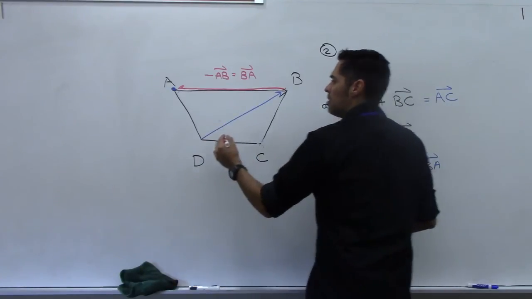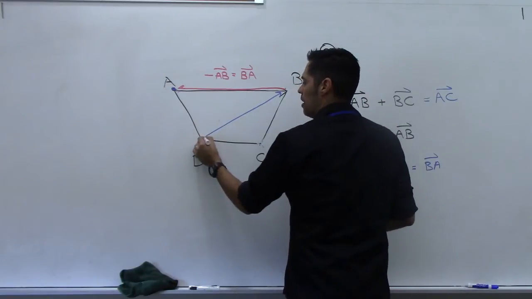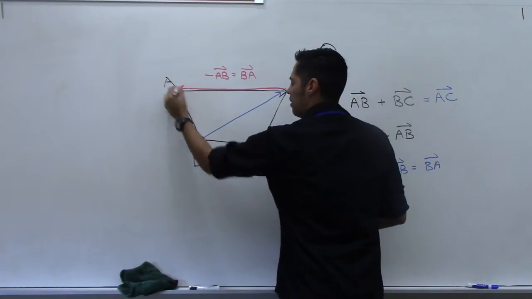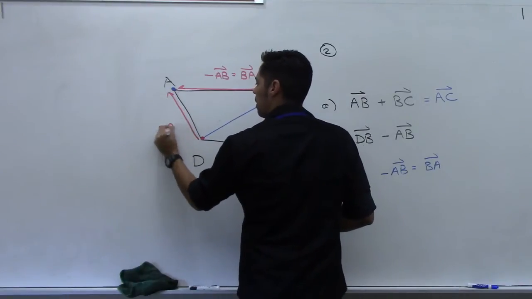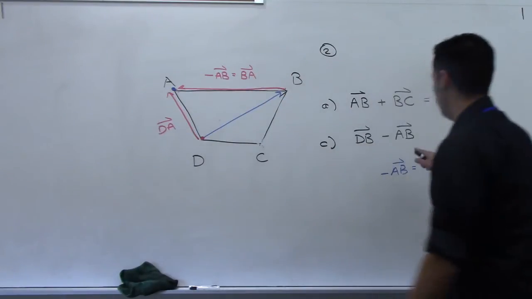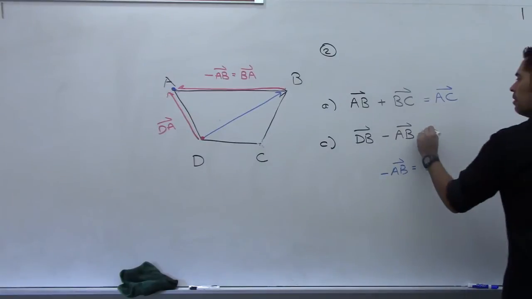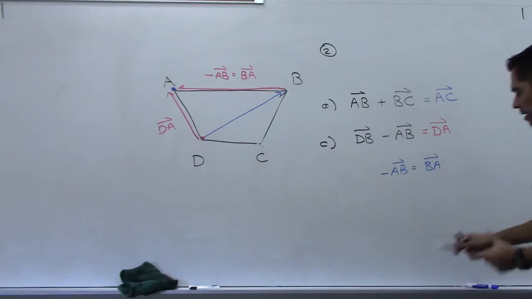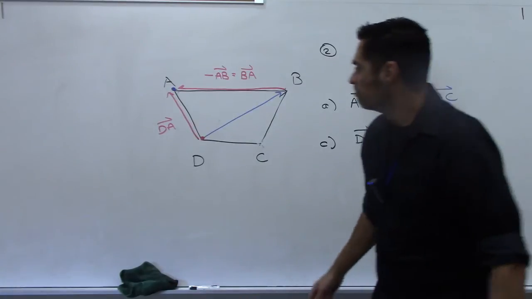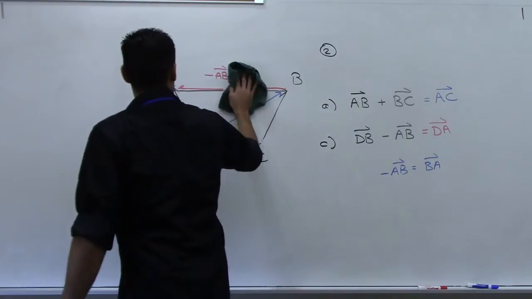And what winds up happening is you result here. So you start here, go up, go over, and you're there. So the vector that goes from D to A is actually equivalent to this. So D to A. All right, I'll let you do B and D yourself. That's number 2.